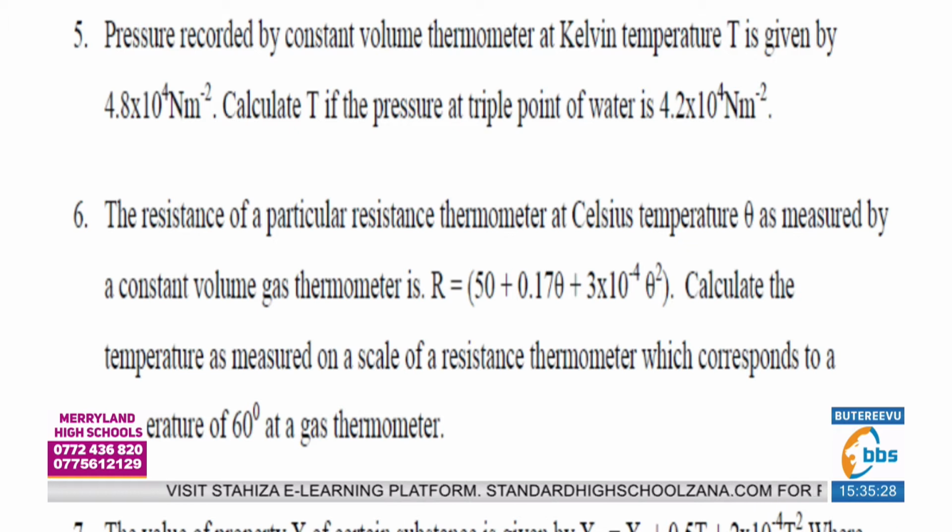Now they're asking us, when the constant volume gas thermometer reads 60 degrees, given the relationship of the resistance of the platinum wire and the temperature read by the constant volume gas thermometer, what reading will the resistance thermometer give us this time if the constant volume gas thermometer is reading 60 degrees?